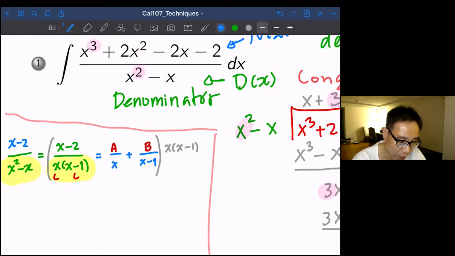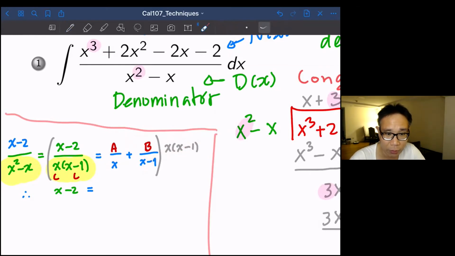You see that if you multiply this term, this will get rid of this guy and you will have the green one left. So you get x minus 2 equal to, and you multiply this term, so x will get rid of x, x minus 1 will get rid of x minus 1, and you are not able to completely get rid of them.